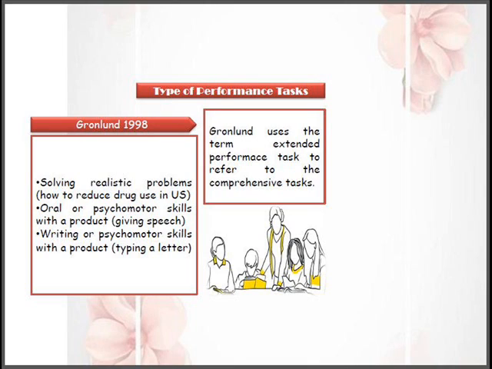Solving realistic problems, for example, how to reduce drug use in the United States. Second, oral or psychomotor skills with a product, for example, giving a speech. And the third one, writing or psychomotor skills with a product, for example, typing a letter.